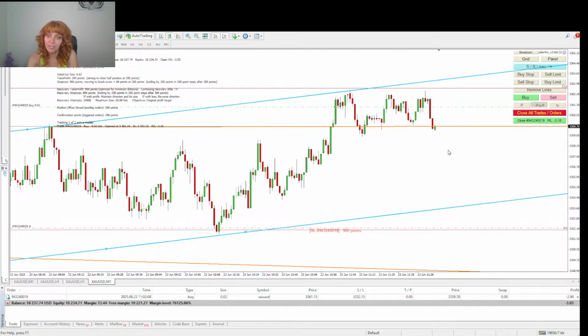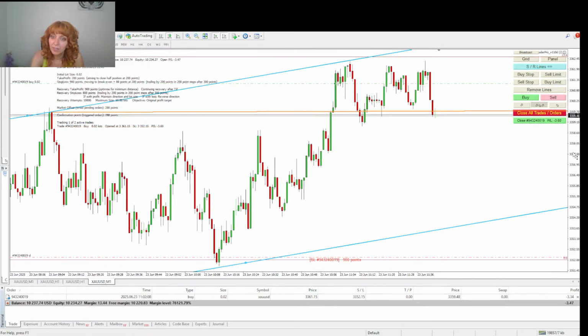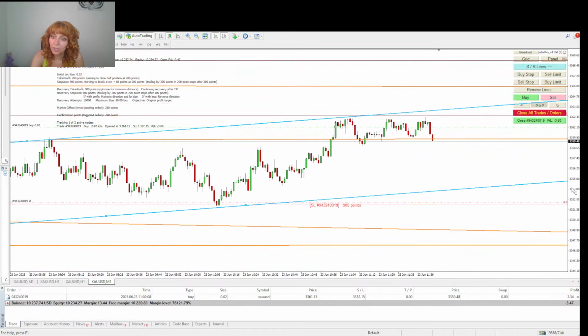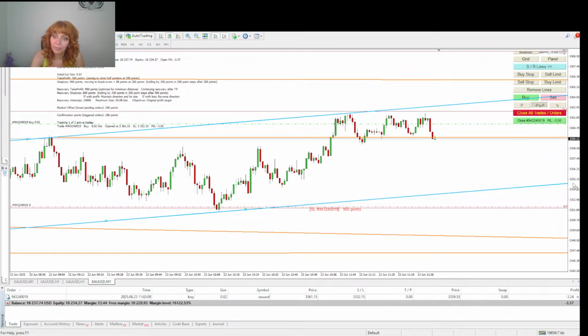It's very narrow, you see. For gold with the spread it's too narrow to go into any trade. So let's see what it's going to do.